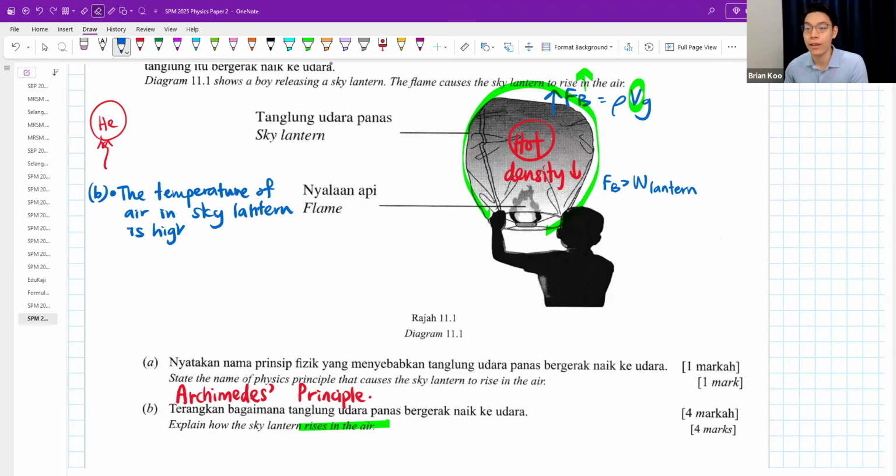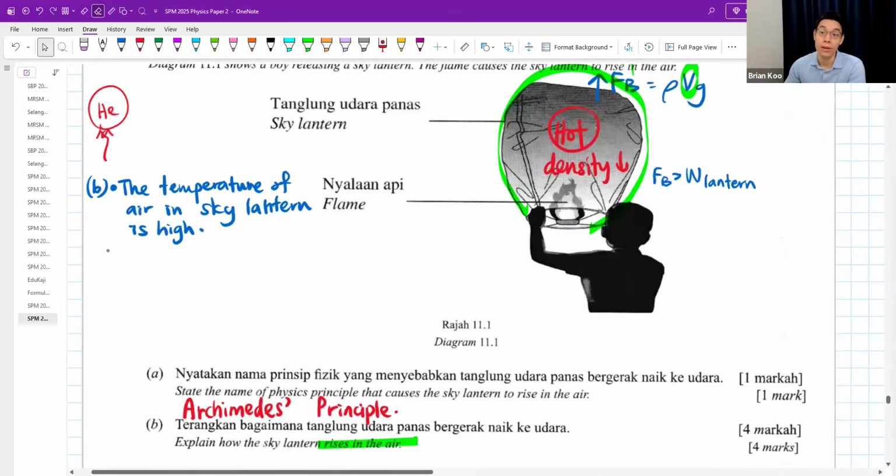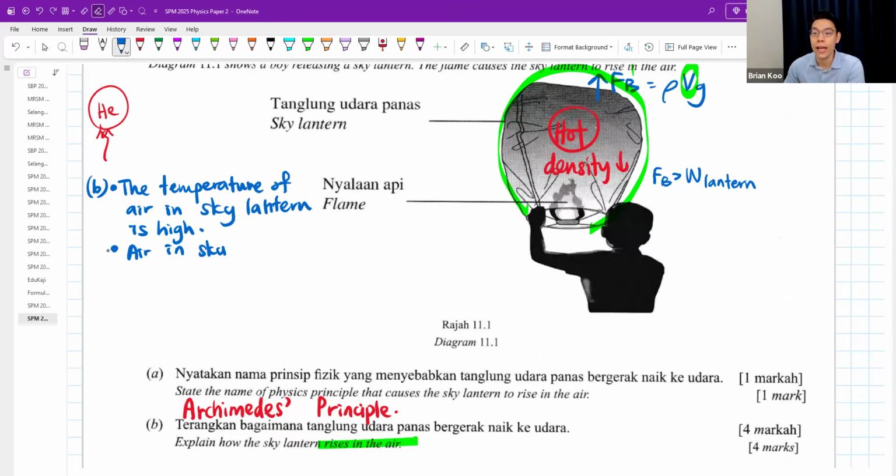Or you can just say, the air in the sky lantern is hot. Air in the sky lantern has low density, or has lower density if you want.